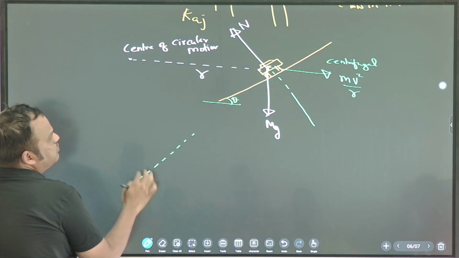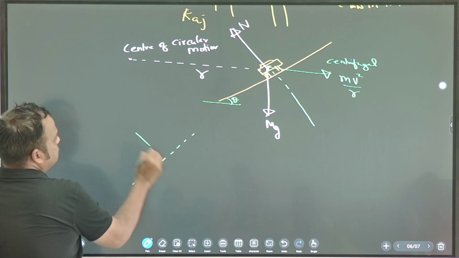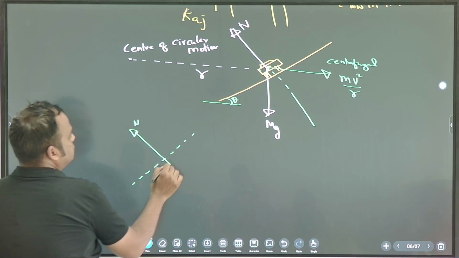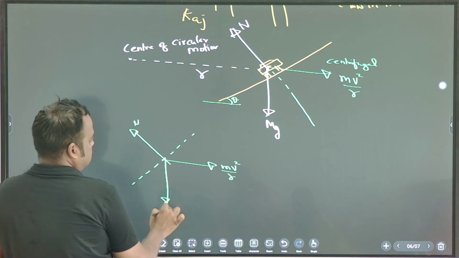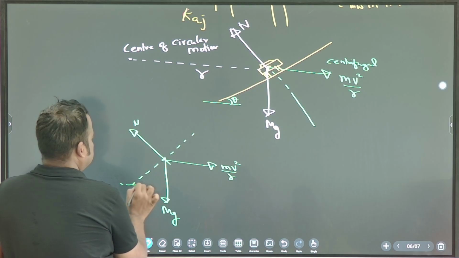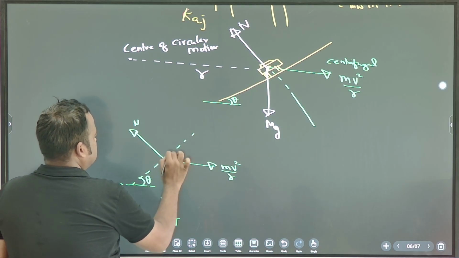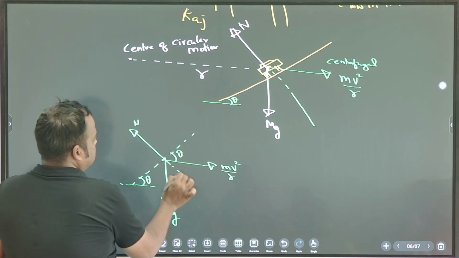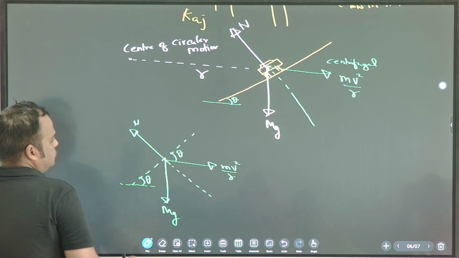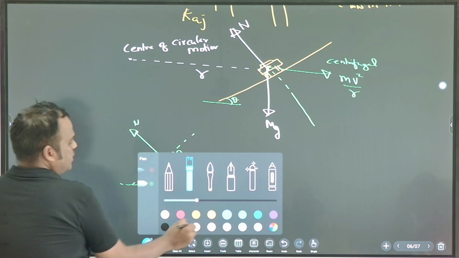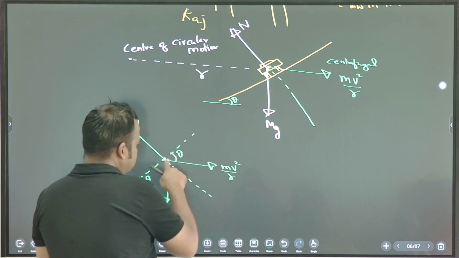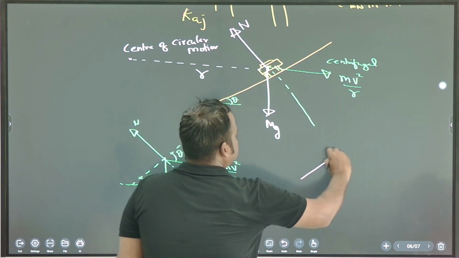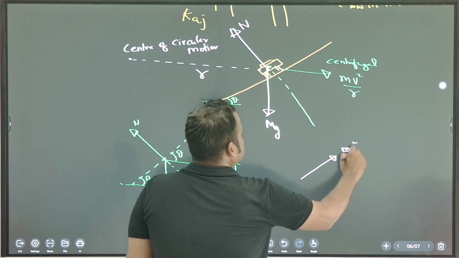Now break it. Find the component of mg and mv square by r. This angle is theta. So what is this component?